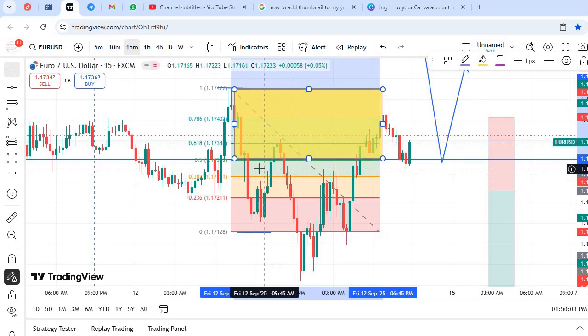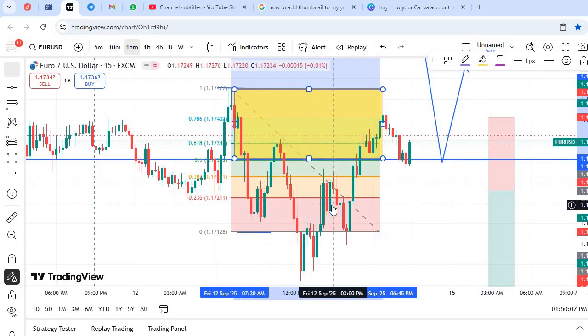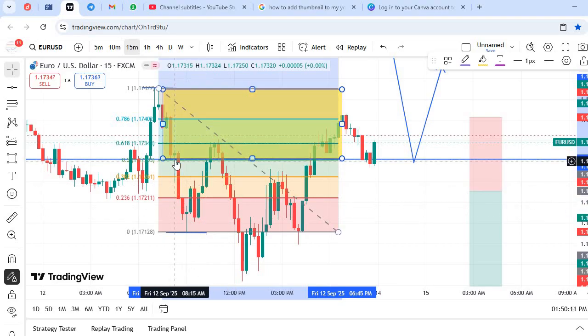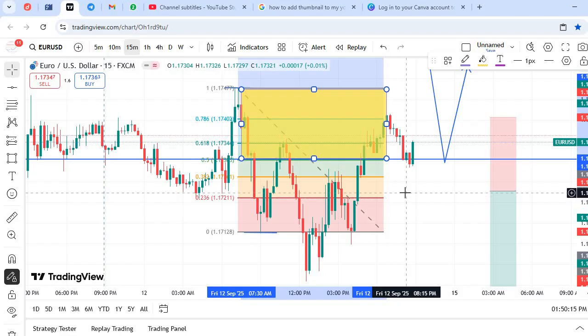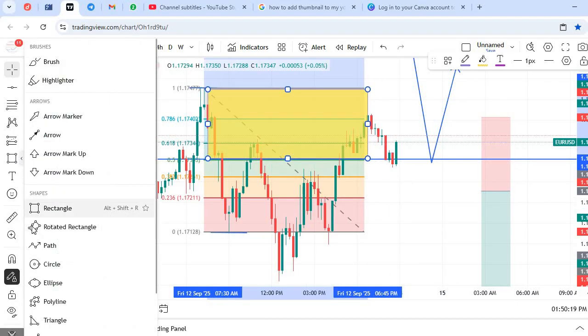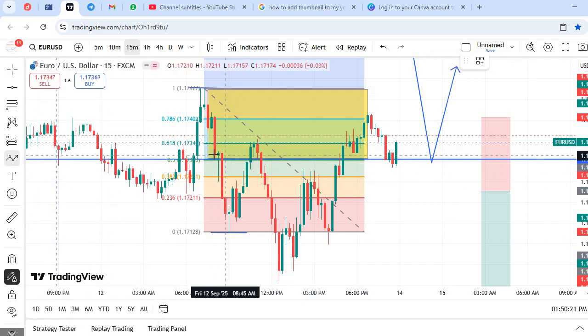You don't want to sell anything from 0.5 below. That's the premium zone. If you sell from there, it might take you out. Understand? Because the price can be deceptive. Look at what we have here now. We had a last low, then we had a high, then we had a low.